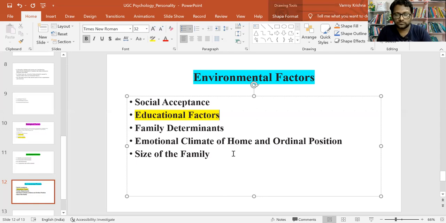And coming to size of the family, this factor also affects the development of personality, especially in large families. Parents have little time to protect any child. As such, children learn to be independent and show maturity in their behavior at an early age as compared to children of smaller families.